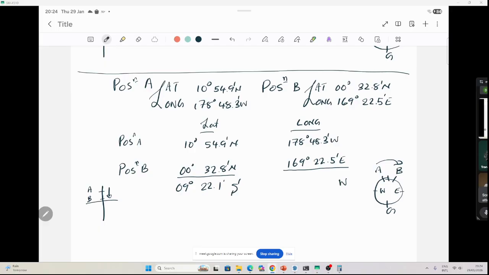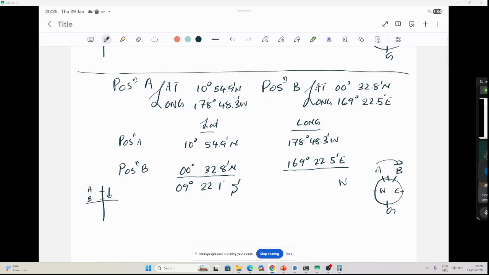And here in this case you can add these two together and subtract it from 360. So when you add these two, 48.3 plus 22.5 is 70.8, minus 60 is 10.8. Then 178 plus 169 plus 1 is 348.